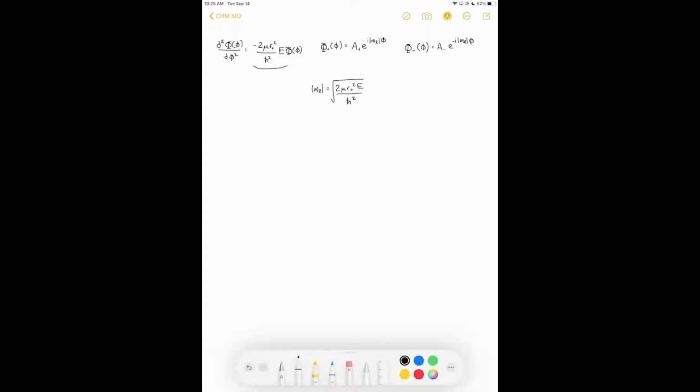So another way to say this is that our wave function at some angle phi must equal the wave function at that angle phi plus 2 pi, one rotation around the circle. And so applying this condition will give us quantization conditions.